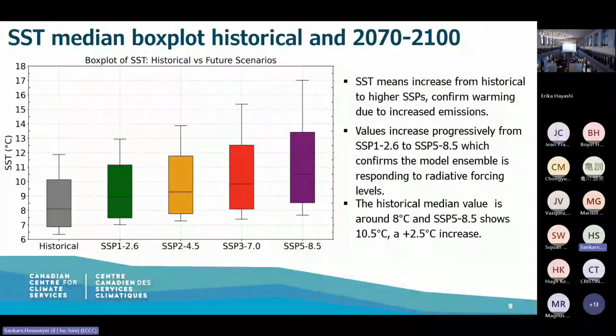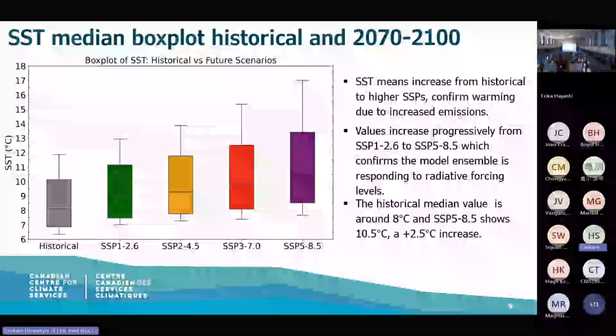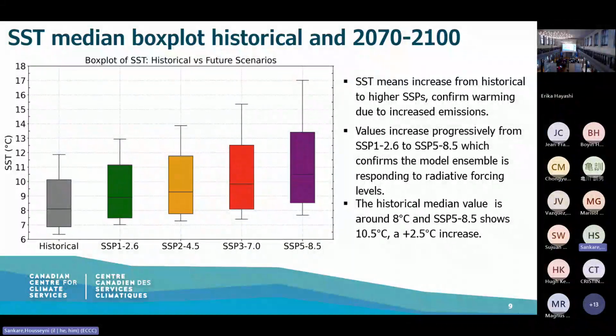Here I show a box plot of the median comparing the historical and the last century period, 2070 to 2100, that illustrates the distributions of SST, as a spatial mean across all of Canada and across all scenarios.